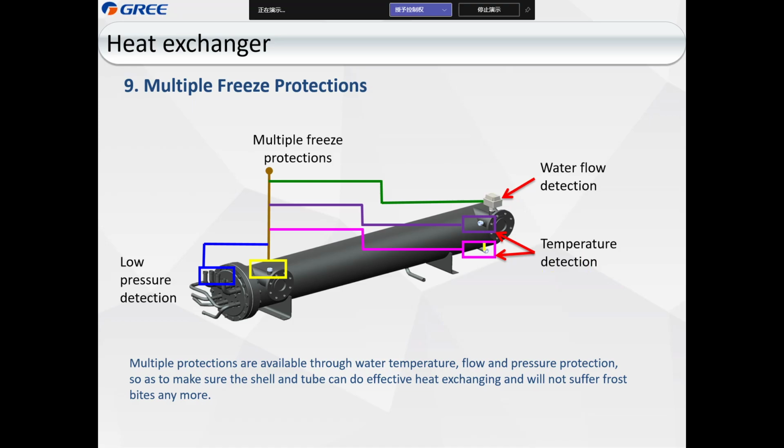Once the temperature is too low, the unit will protect itself. This is a protection for the heat exchanger. All this protection can avoid freezing of the shell. It's more reliable.